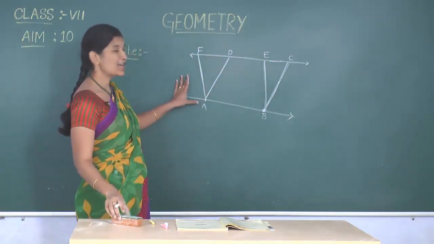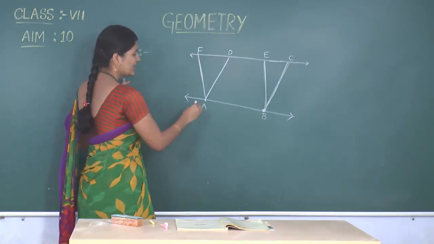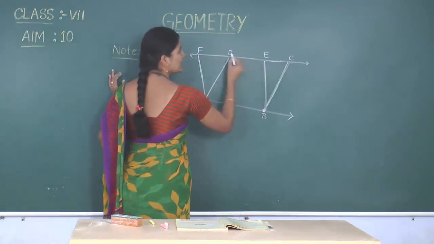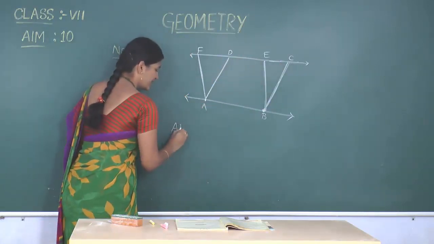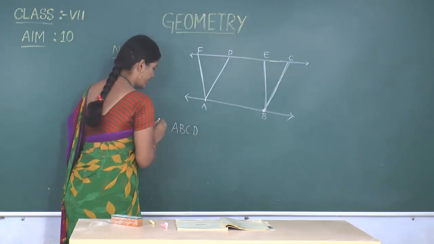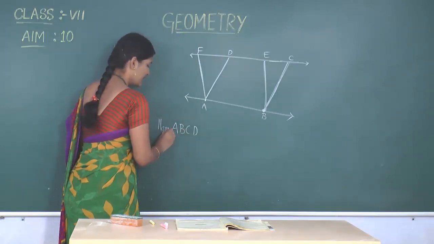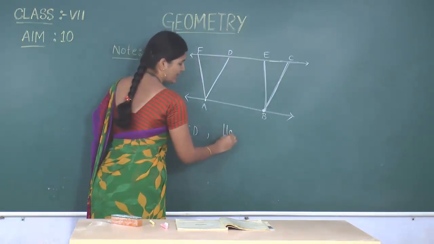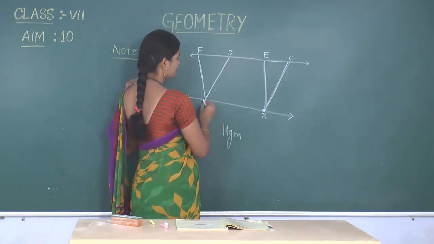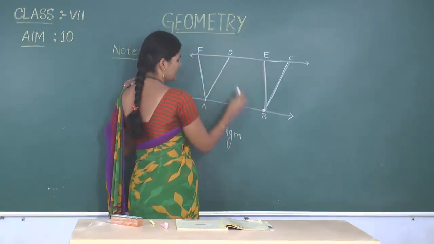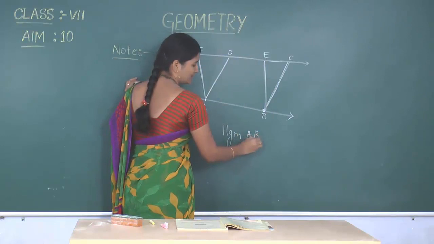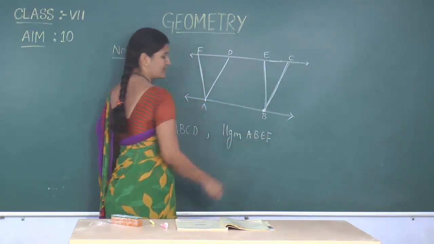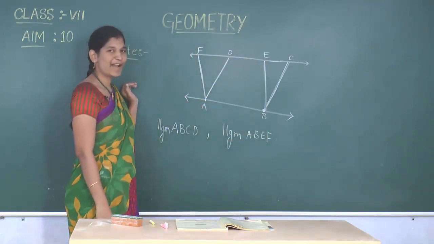In this figure we have two parallelograms. They are parallelogram ABCD and parallelogram ABEF. You can see two parallelograms.